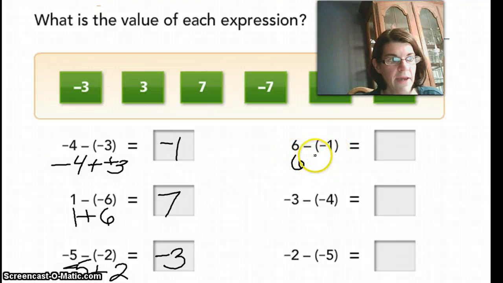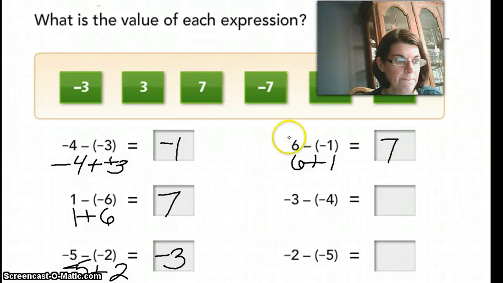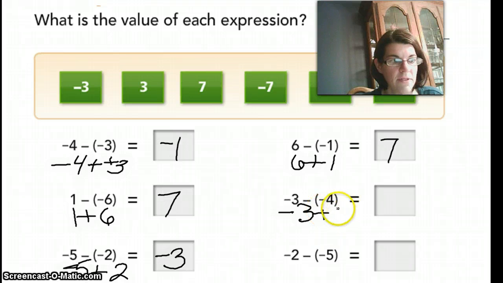Okay, up here on the top right, 6. We're going to add the opposite. So the opposite of negative 1 is 1. So 6 plus 1 is 7. Next one, negative 3. We're going to add the opposite. The opposite of negative 4 is 4. So negative 3 plus 4. The signs are different. 4 minus 3 is 1.